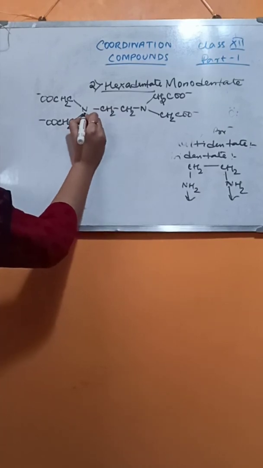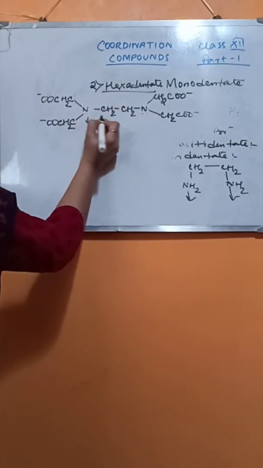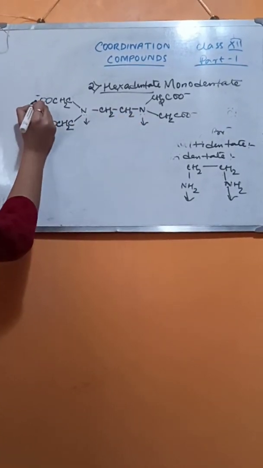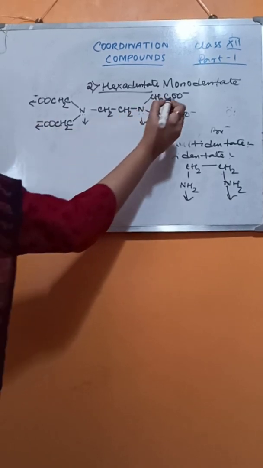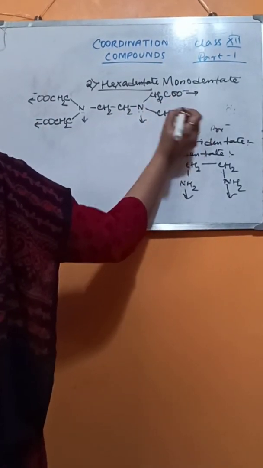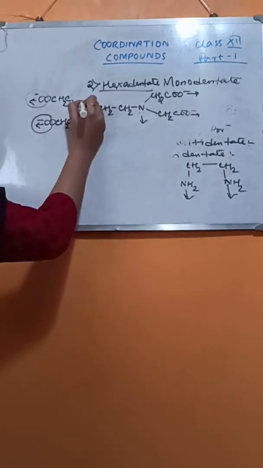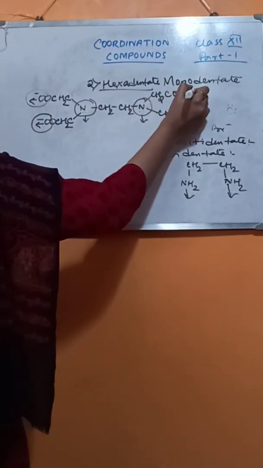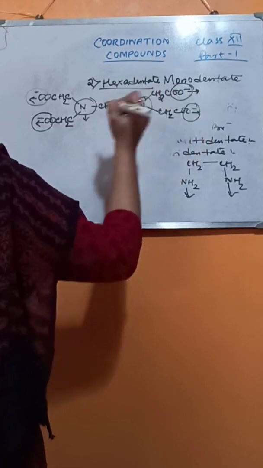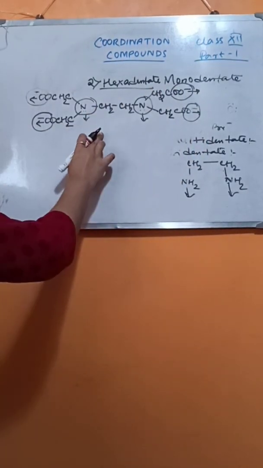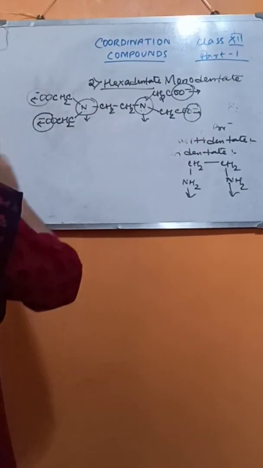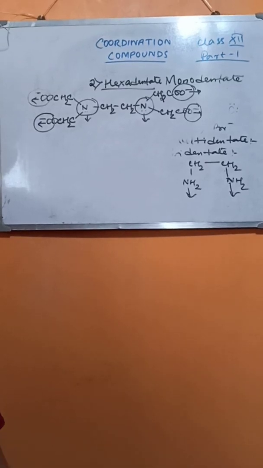See, four oxygen donor sites and two nitrogen donor sites. This is a hexadentate ligand, an example of a hexadentate ligand.